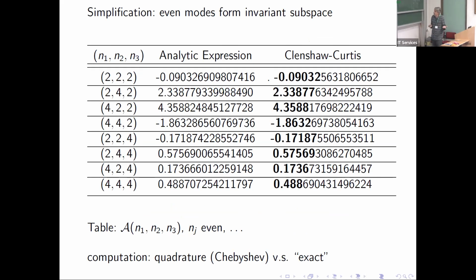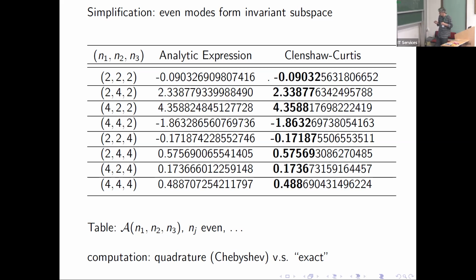So this is all from the classical theory, but now the interaction coefficients are a difficulty, not very practical. We are using the fact, from looking at the equations and the interaction integrals, that even modes form an invariant subspace, and at the moment we are looking at even solutions.